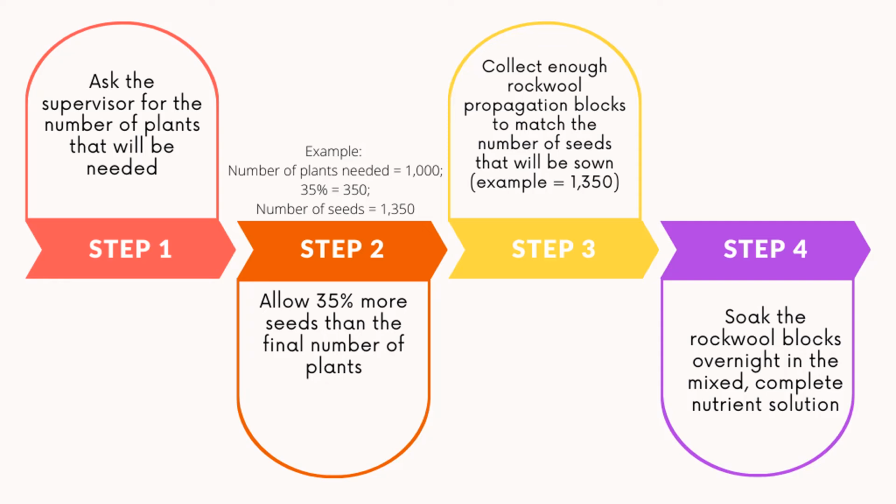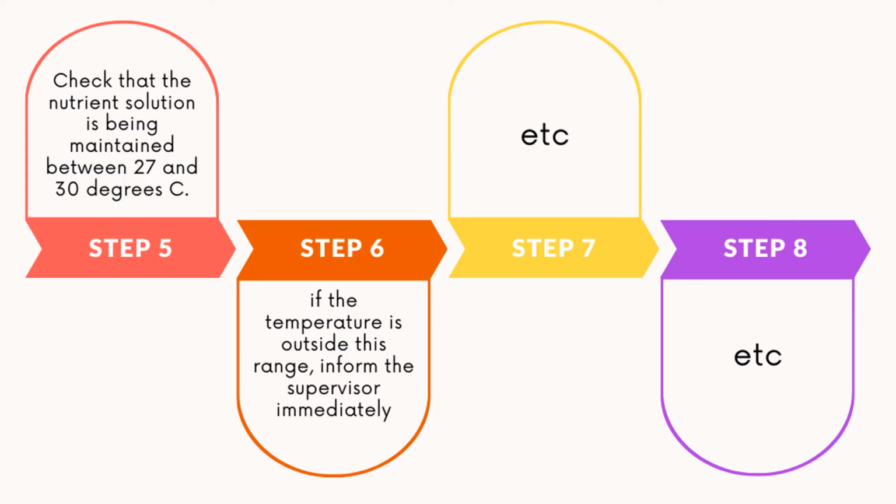Example, 1,350. Step 4. Soak the propagation blocks overnight in the complete nutrient solution. Step 5. Check that the nutrient solution is being maintained between 27 and 30 degrees Celsius. Step 6. If the temperature is outside this range, inform the supervisor immediately, etc., etc.